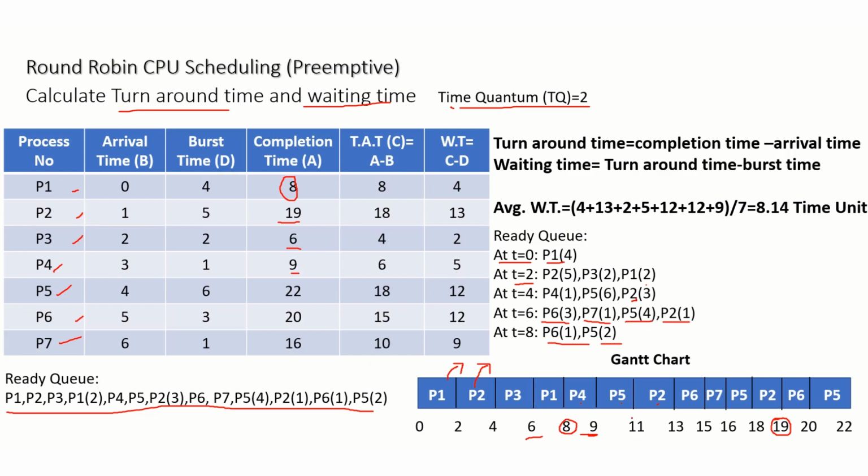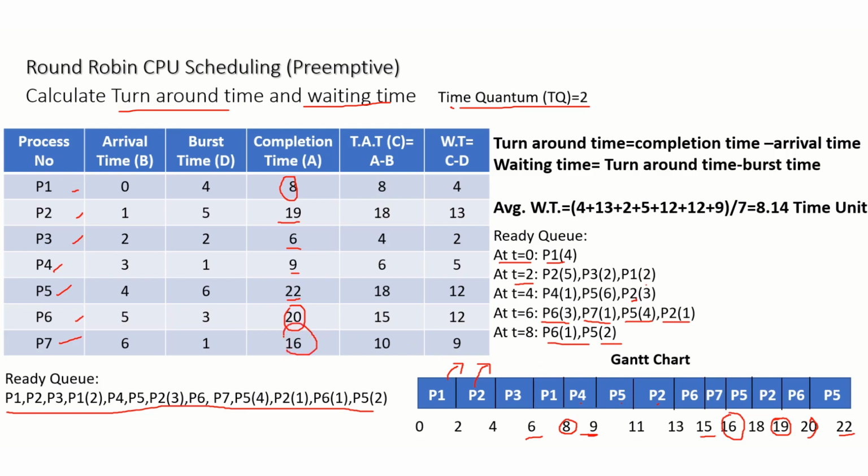P5 entered here, then once again here and once again here. So P5 is completed at t equal to 22. P6 is completed at t equal to 20. Then P7 is completed at t equal to 16.